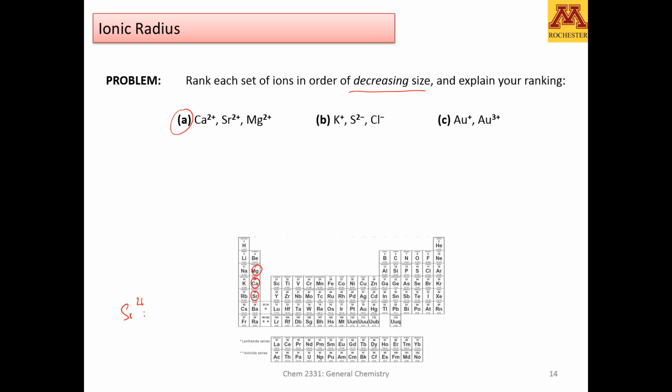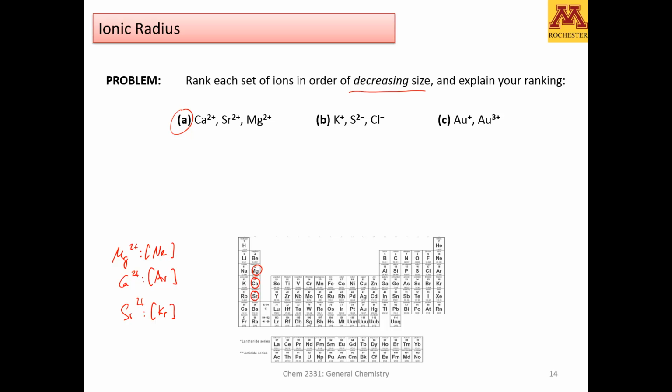The electronic configuration of strontium 2 plus is just krypton, that of calcium 2 plus is just argon, and that of magnesium 2 plus is just neon.